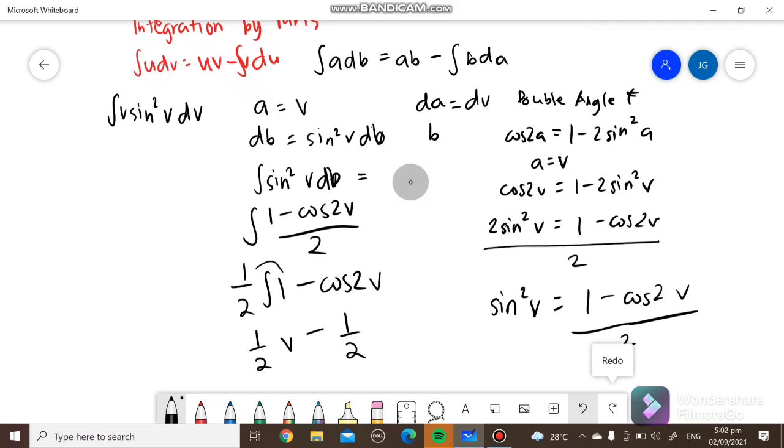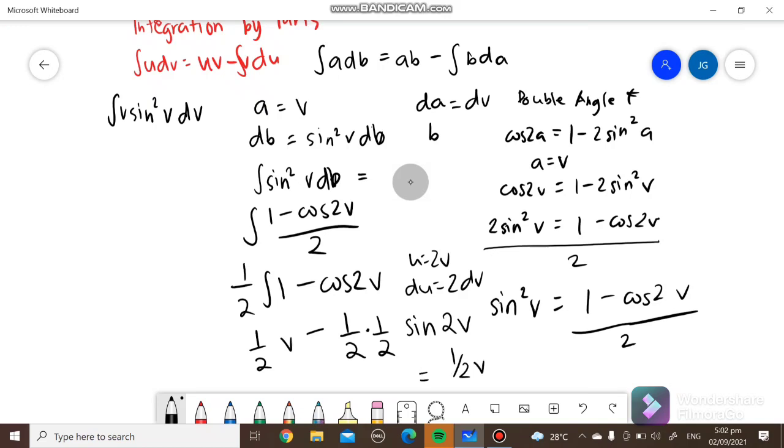Tapos, the integral of cosine 2v, we set u as 2v, our du is 2 dv, and our dv is 2. So, bali may 1/2 pa tayo dito. So, may 1/2 tayo, and then the integral of cosine u is sine u. The value of u is 2v. So, we will have the value of 1/2 v minus 1/4 sine 2v.